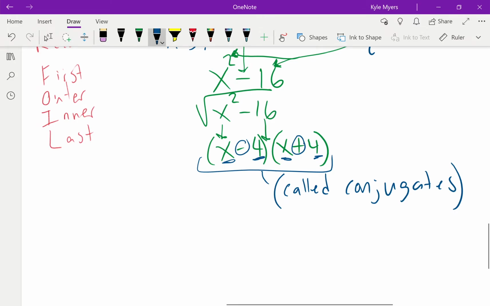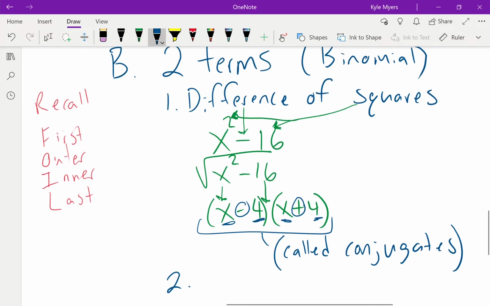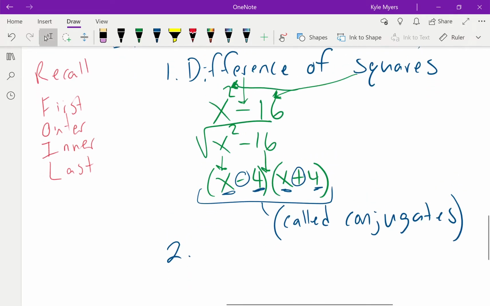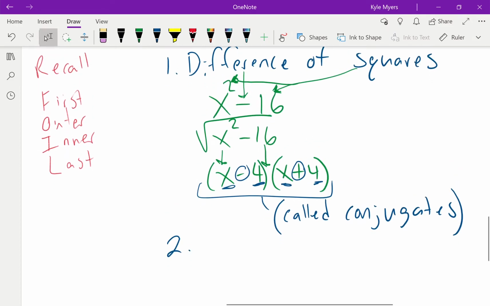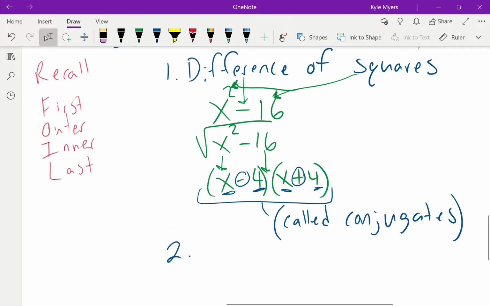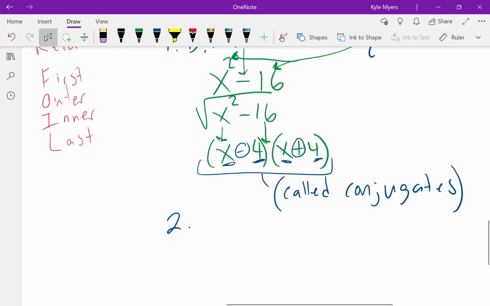All right, so difference of squares. Boom, there it is. 2. All right, this is the only other one. This one's a little bit more complicated, and you're not going to see it that often in Algebra 1, especially. Maybe in Algebra 2, you might see it a few times. But, you know, between Algebra 1 and Geometry and Algebra 2, you'll maybe see this a few times. So I'm going to go ahead and throw this in there.